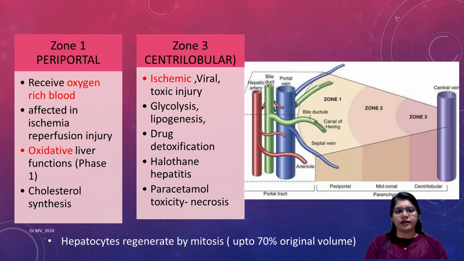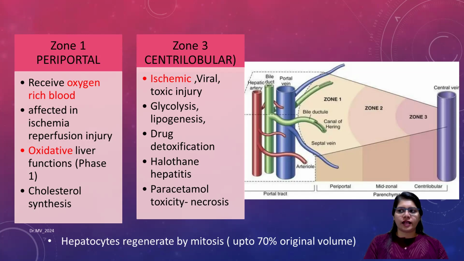Now coming to zone 3, which is centrilobular, which is furthest from the arteriole. So they are very prone to ischemia or hypoxia, because it is very far away. All glycolysis, lipogenesis, and cytochrome P450 based drug detoxification happen in zone 3.